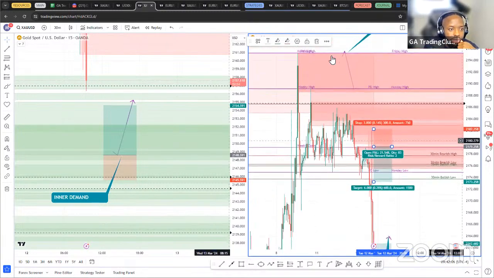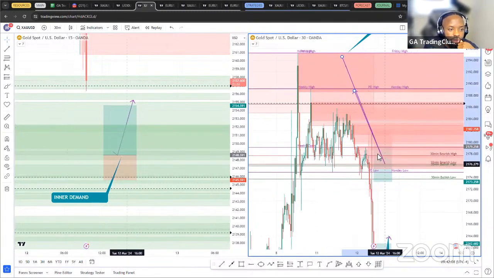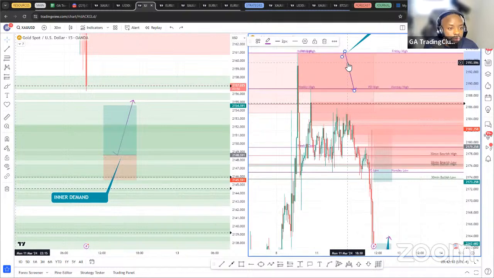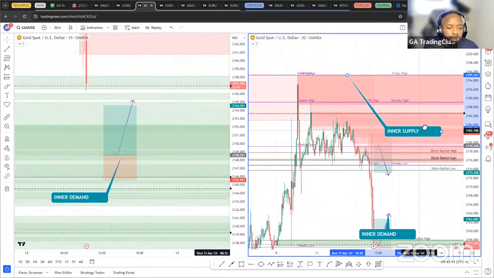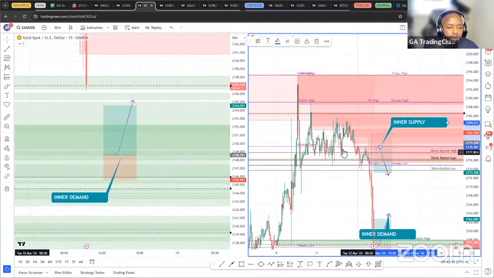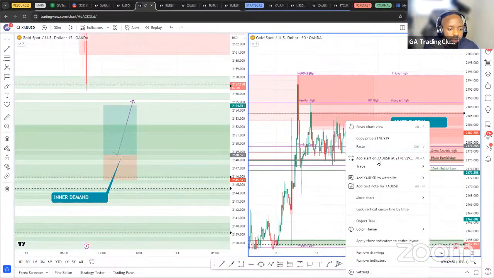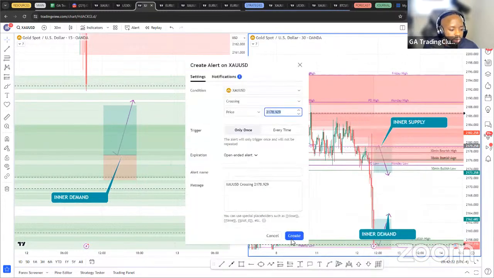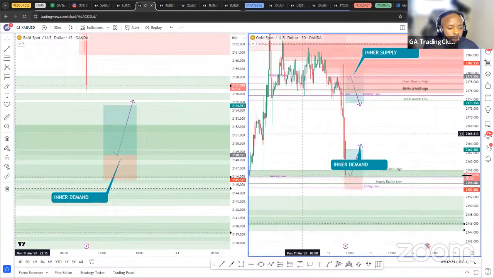That would be the next area for gold right here, 2179. Let me just do that. Set an alert here, 2178.79 area.